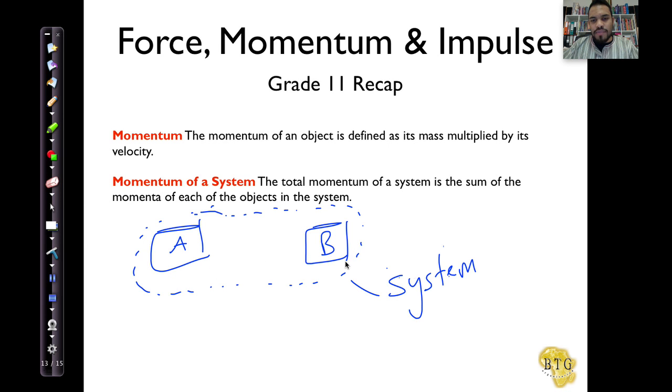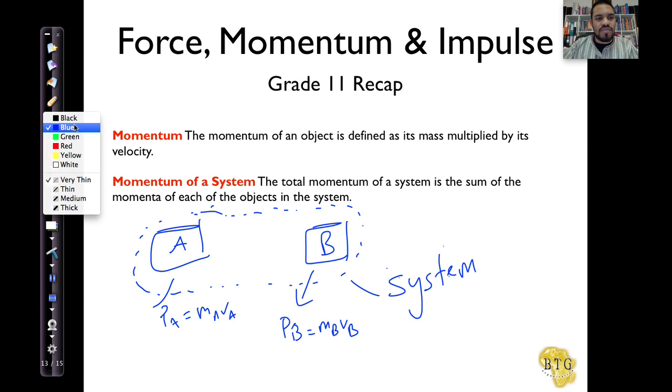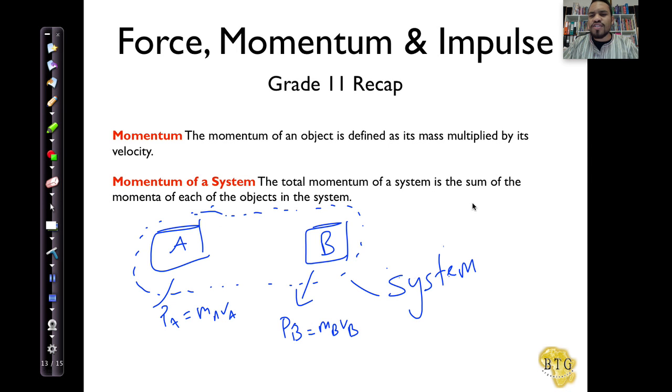Now to get the momentum of object A, we say P of A is equal to MA times VA, and the momentum of object B is PB, which is equal to MB times VB. But now if I ask you to find the momentum of the system, you're going to say, well, the definition of a momentum of a system is just the sum of the momenta of each of the things.